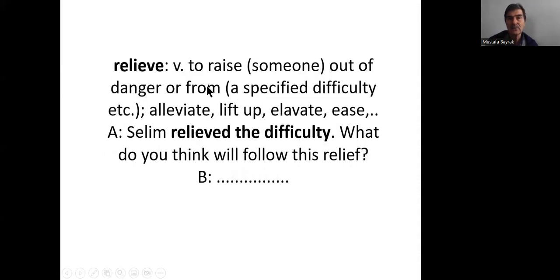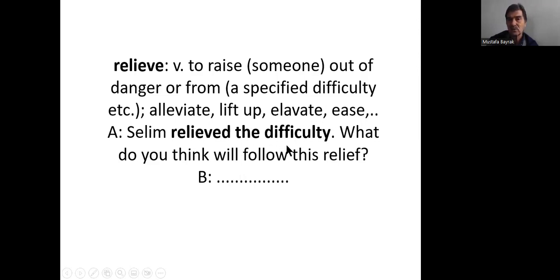He found a job. Okay, relieve as a verb, to raise someone out of danger or from a specific difficulty, etc. Elevate someone, lift up someone, or elevate is enough, alleviate or elevate. Ease, okay, as a verb.